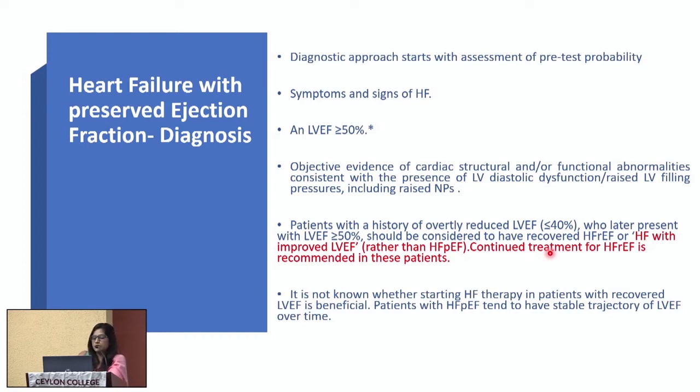Patients with a history of overtly reduced left ventricular ejection fraction, less than 40%, who later present with a left ventricular ejection fraction more than 50%, should be considered to have recovered from heart failure with reduced ejection fraction. Right? So heart failure with improved left ventricular ejection fraction rather than heart failure with preserved ejection fraction. In these patients, continuation of the treatment for heart failure with reduced ejection fraction is recommended.